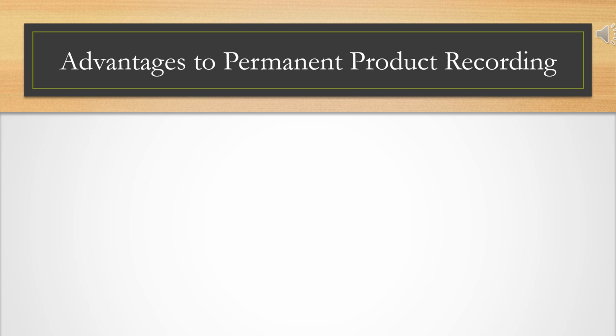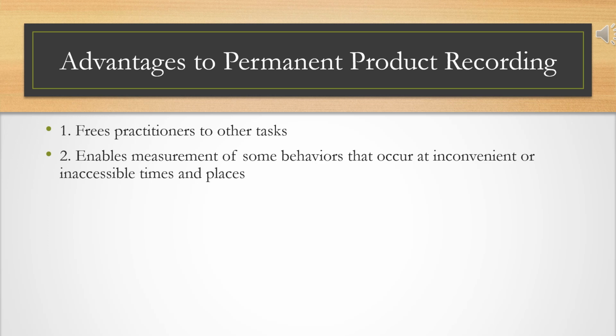There are several advantages to using permanent product recording. The following is a list of advantages. We will go more in depth on each advantage in future slides. Number one, it frees practitioners to other tasks. Two, it enables measurement of some behaviors that occur at inconvenient or inaccessible times and places.